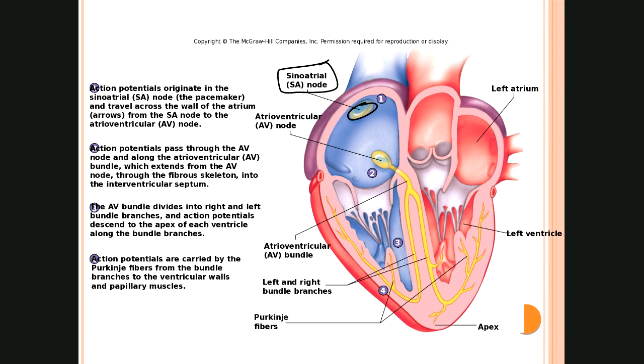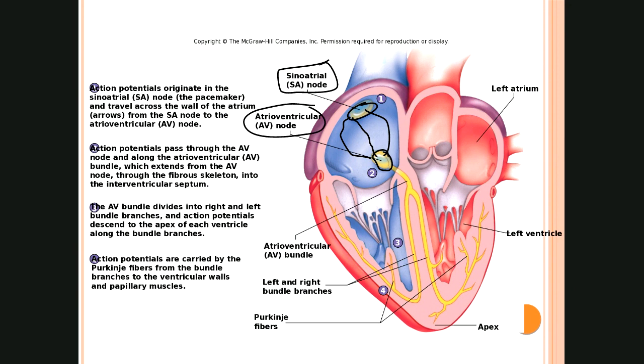That is the beats per minute, or the heart rate. We'll talk more about that in just a second. So the SA node creates these action potentials, or currents of ions, which will be transferred via nodal cells into another node called the AV node here.